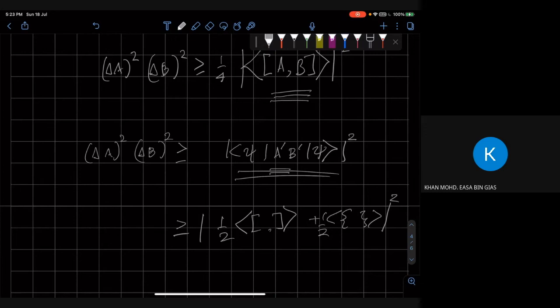when does this inequality become an equality?